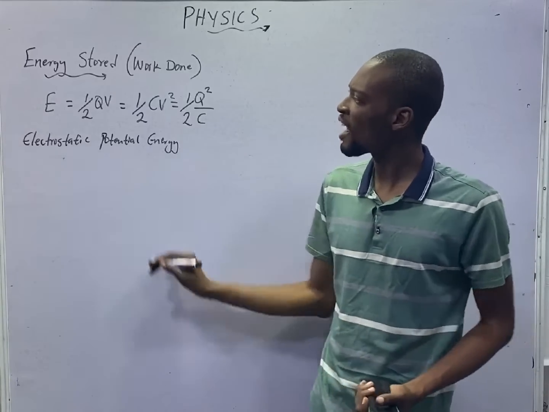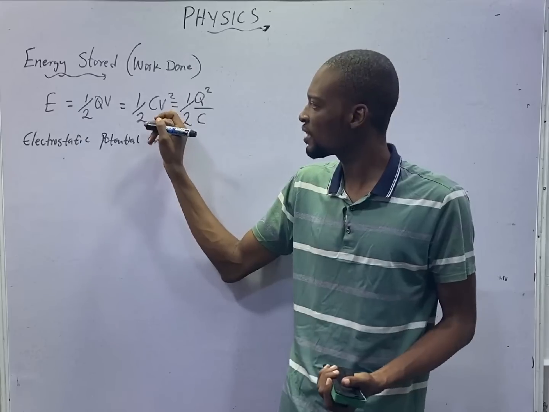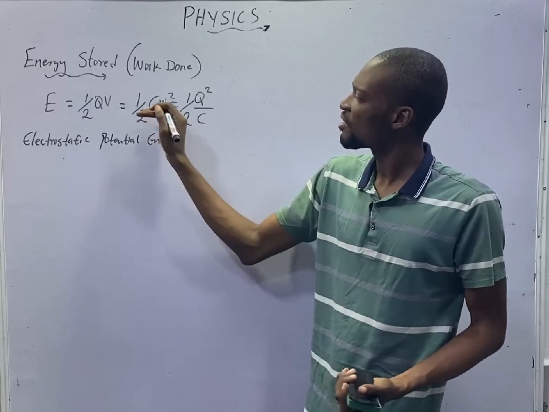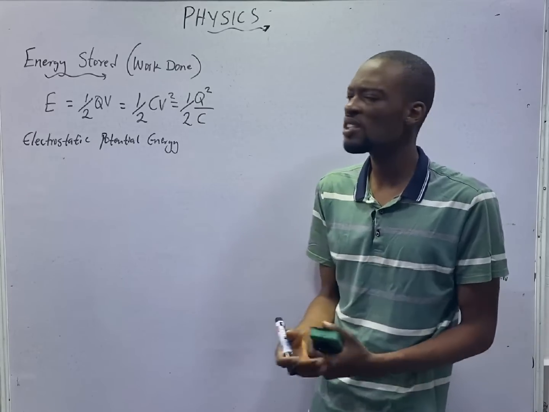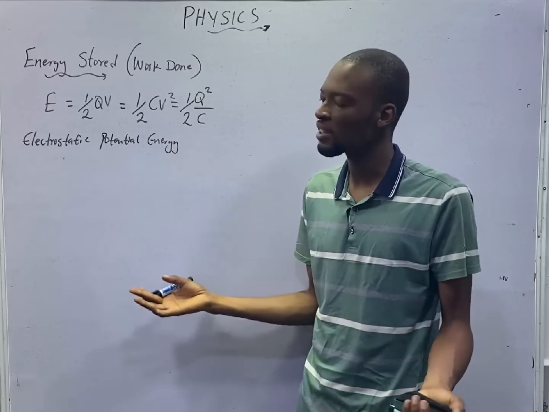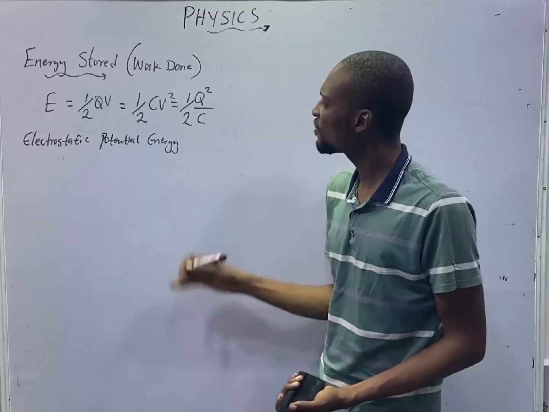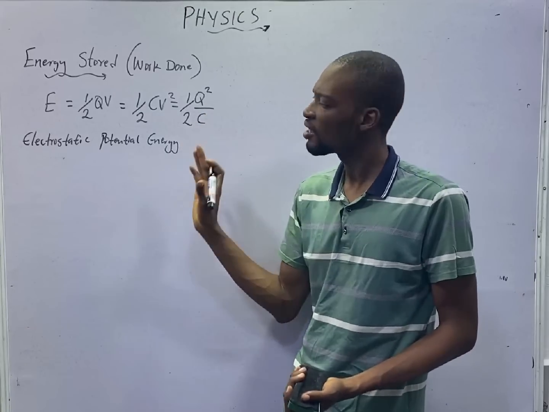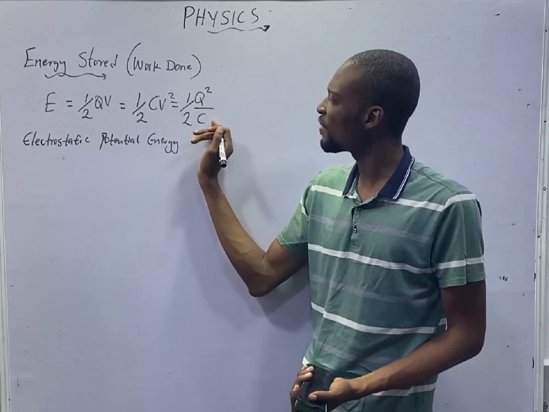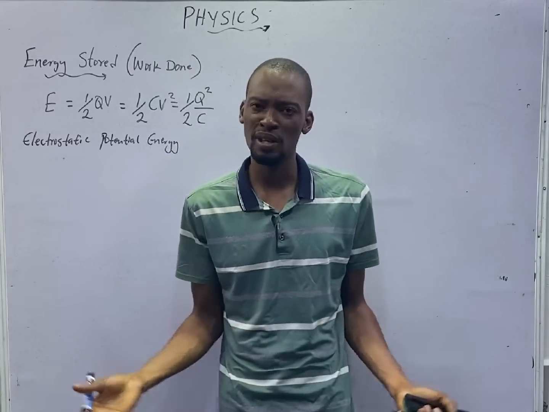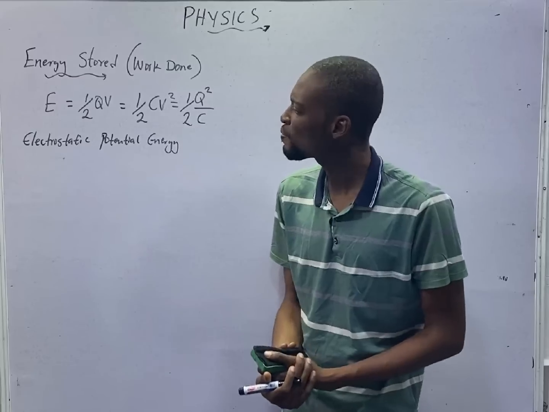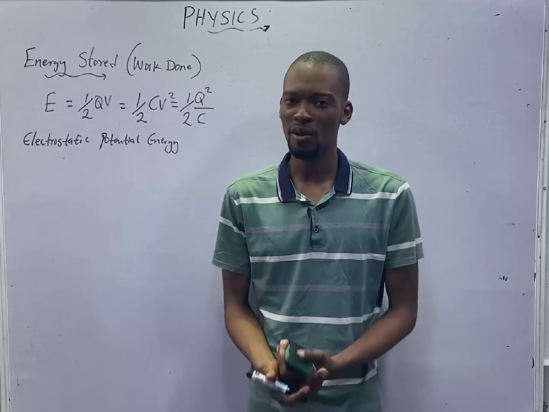Also, if you have the capacitance and the potential difference, C times V squared all over 2, you've gotten the energy stored in the capacitor. If you are given the charge and the capacitance, the charge squared divided by 2 times the capacitance gives you the energy stored in the capacitor. It is a very, very simple and interesting concept.